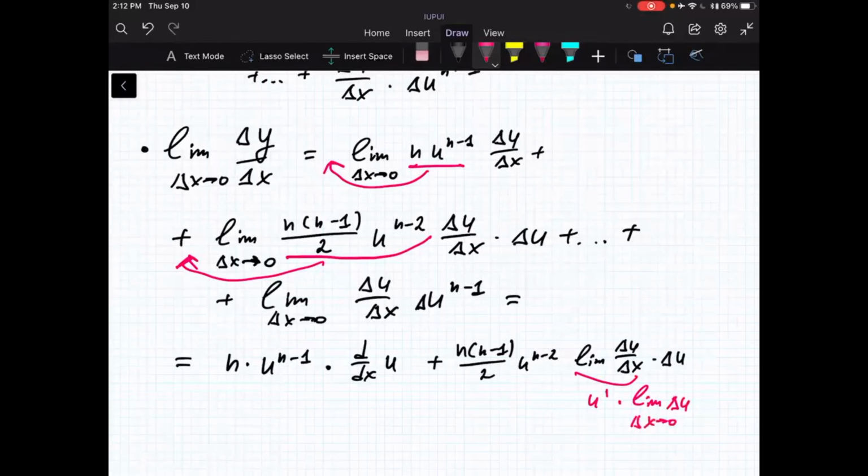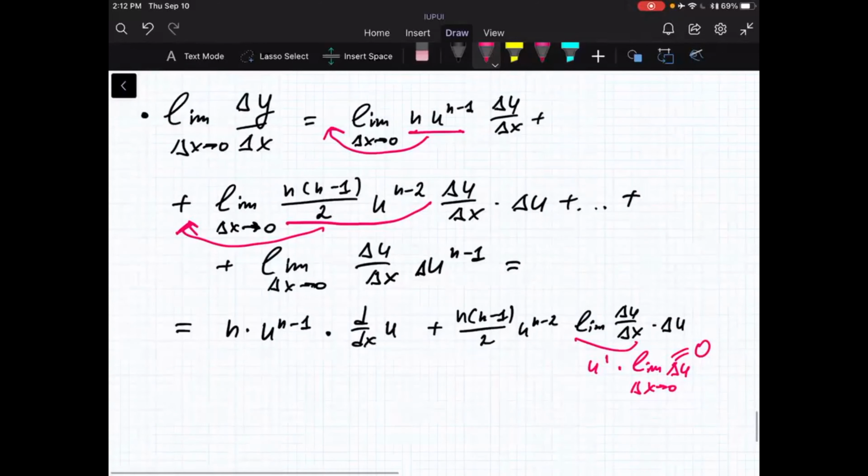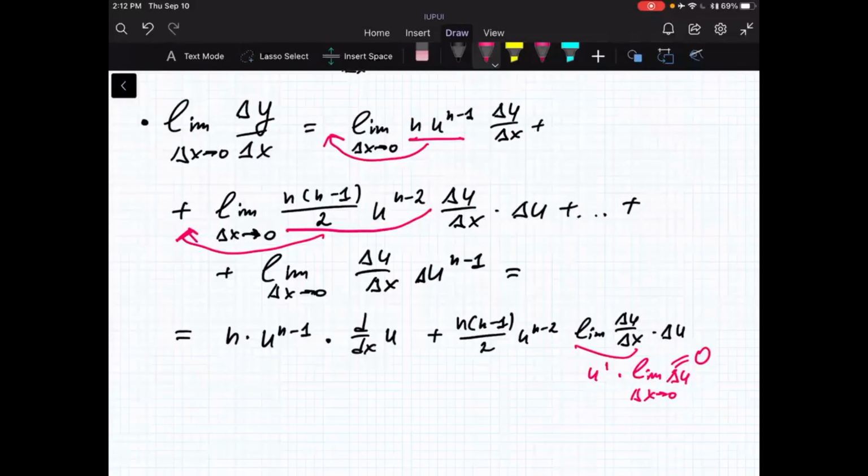But since u is differentiable, we have shown that this goes to 0. So I have u prime times 0. And the same story happens with all terms where I put dots, because you'll have u prime times delta u to the power 2, which still goes to 0. Then delta u to the power 3 goes to 0.